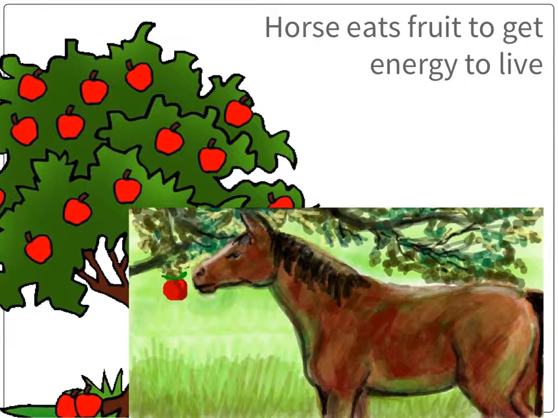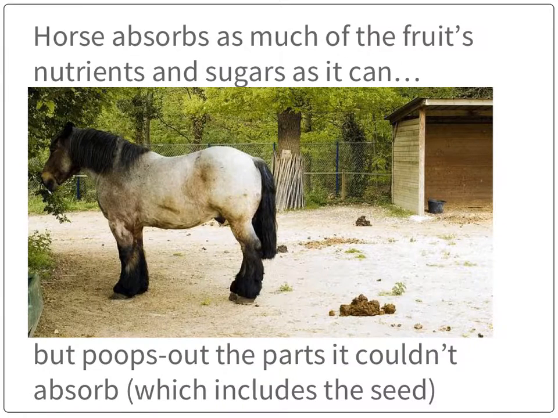And here you go. Here's an example of how that would work. So this horse, its intention for eating the fruit is not to be spreading the seeds or the plant babies, but to get some energy so it can continue living. And the horse will do its best to absorb as much of the nutrients and sugars from that fruit as it can. But the digestive systems, including ours, are not 100%. So they usually have some type of leftovers, let's say, from eating the food.